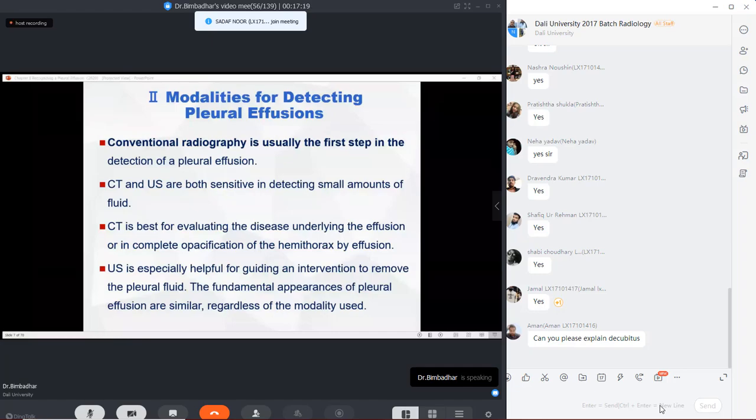You just ask the patient to lie in the lateral position, then you take the X-ray as a PA view. Okay, let me show you the picture so that you can understand what I'm talking about. It's not the same as the lateral view, you just ask the patient to lie down on the lateral side.